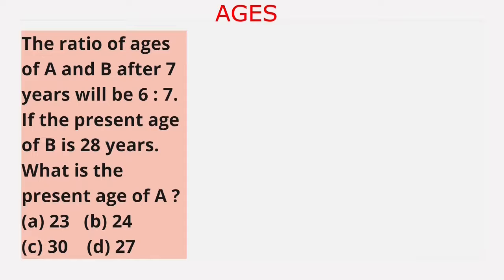If we add 7 to 30, it becomes 37, which is not divisible by 6. And if we add 7 to the last option 27, it becomes 34. That is also not divisible by 6. Hence our answer is option A. Sometimes you may not get such options, so you have to solve it.